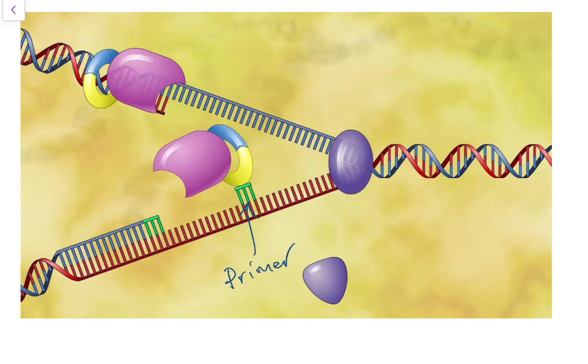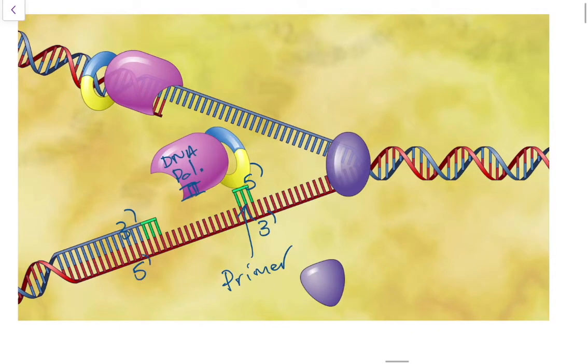We can have DNA, because this is the same thing, DNA polymerase 3. So polymerase 3 is going to bind, and if it's adding 5' to 3', this is the 3' end, which means the other strand is 3' to 5'.